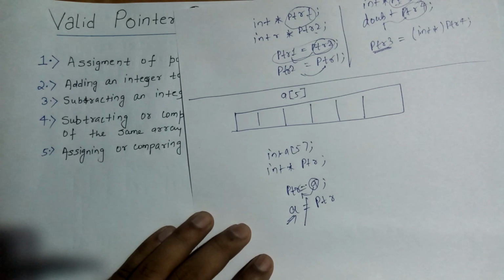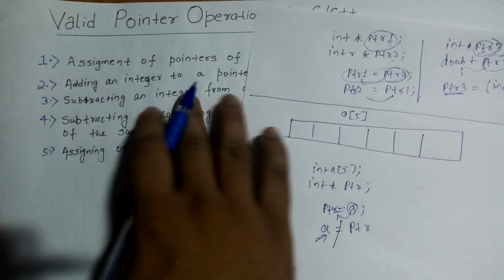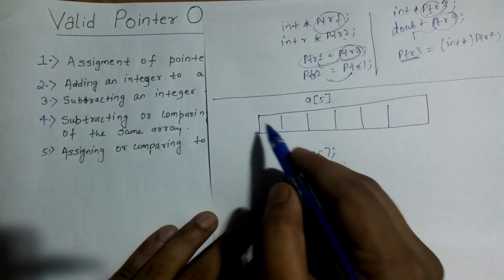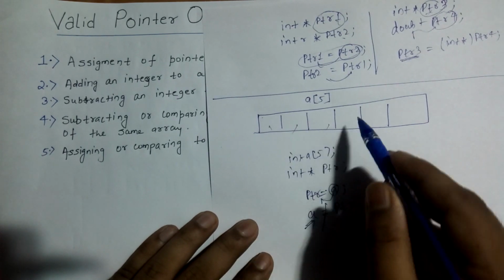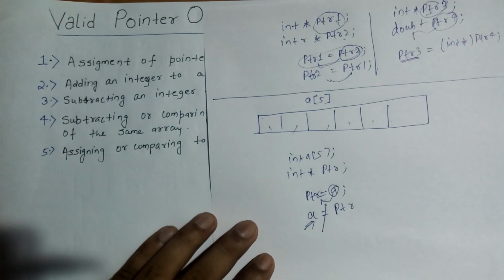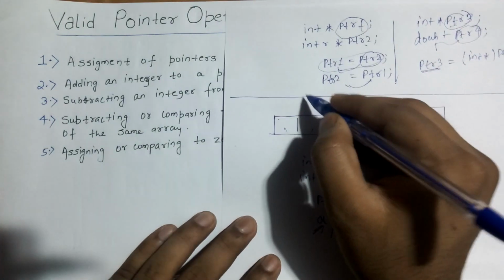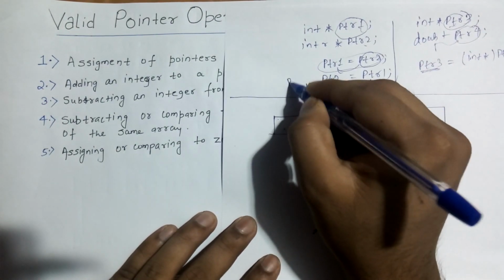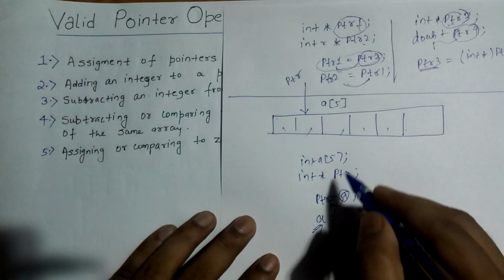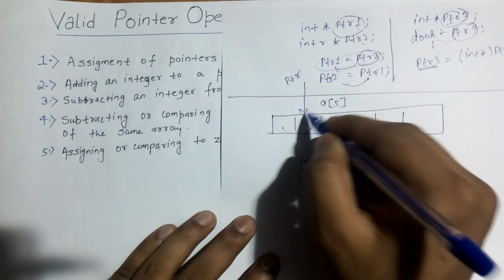Now, adding an integer to a pointer. Let's say you have an array a of 5 elements, 1 2 3 4 5. Let's say our pointer ptr is pointing to this location.